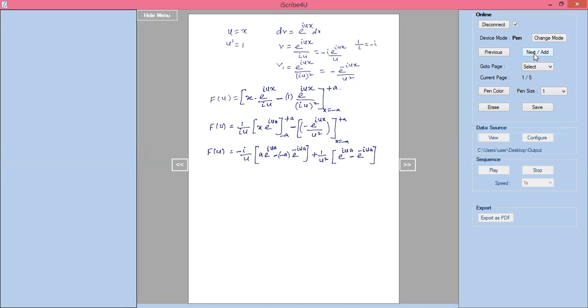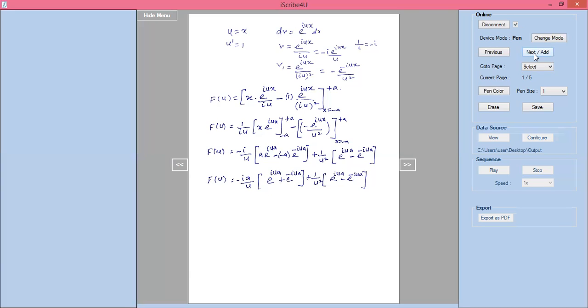Now here I'll take from the first term f of u equal to minus i. If I take a outside, minus ia divided by u into e power iua plus e power minus iua, plus 1 by u square into e power iua minus e power minus iua.